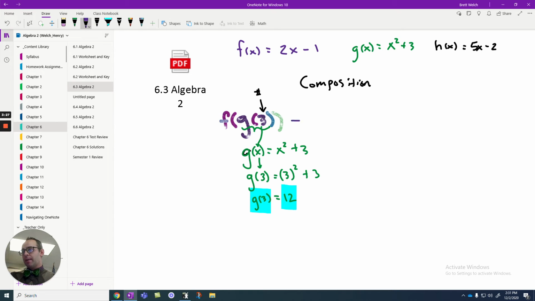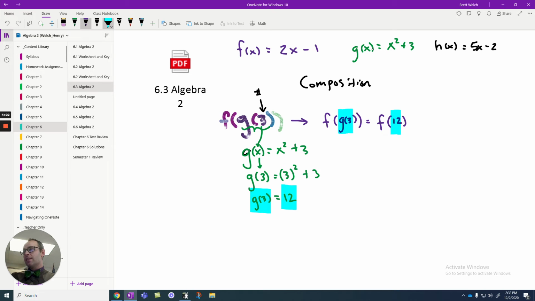So when I come back up to this idea of f of g of 3, we can remember from what we just figured out that g of 3 is the same thing as 12, which means that this thing is equal to f, not of g of 3, but of 12. I'm taking that g of 3 out, and I'm putting in its place the thing that it is equal to.